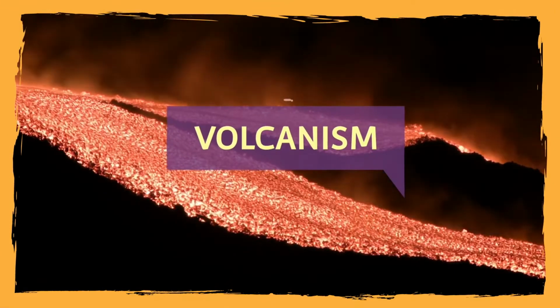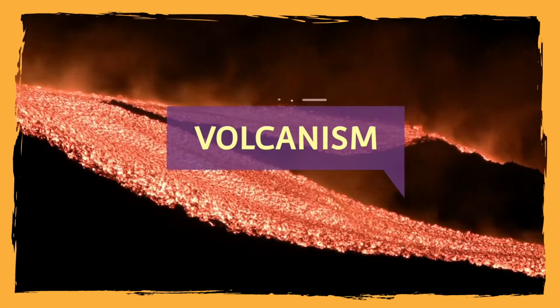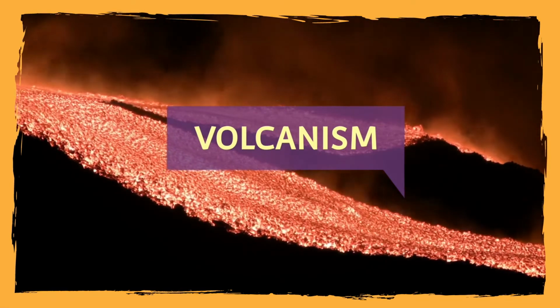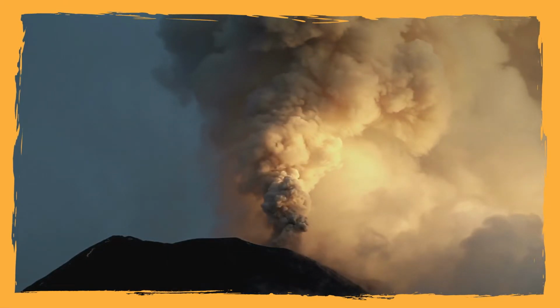Now, let's check whether your answers are right. Let's take a look at a few examples of geohazards for further understanding. Volcanism. Generally, volcanic eruptions or volcanism occurs due to the magma beneath Earth's crust being forced out by high pressure.